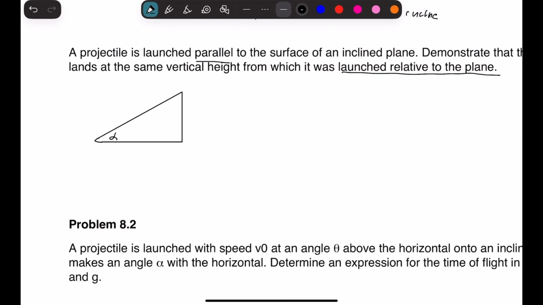Now, for our coordinate axes, y is going to be perpendicular to the plane, and x is going to be along the incline, so that's going to be parallel to this. And then we can resolve gravity into components. Let's just say FG is like this.